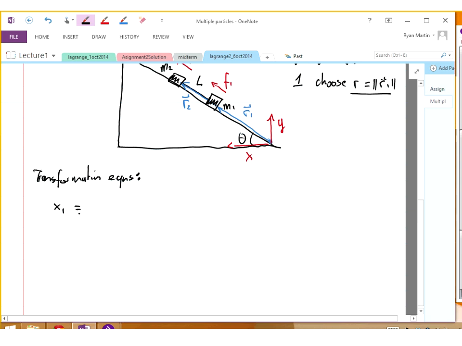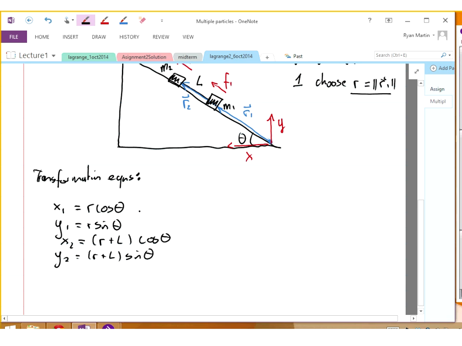So x1 is given by r cos theta. y1 is given by r sine theta. x2 is given by r plus l cos theta. And y2 is given by r plus l sine theta. Right?